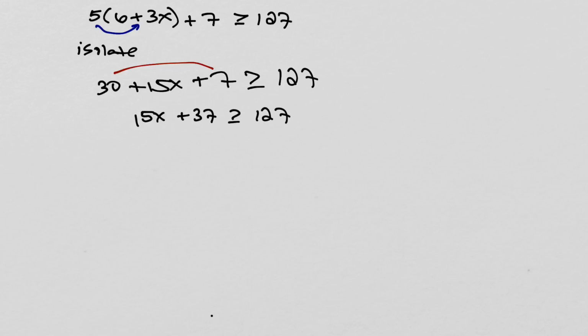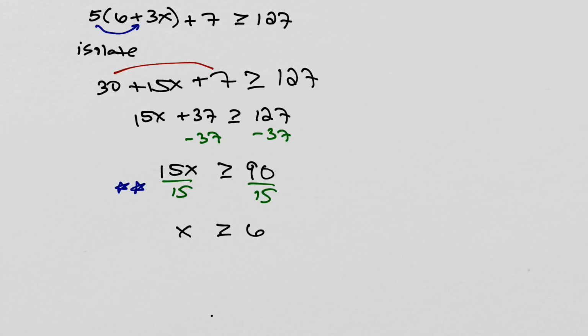And then if I take this 37 over by subtracting 37 from both sides, I will have 15x is greater than or equal to 90. Then if I divide both sides by 15, we get x is greater than or equal to 6. Remember, since I divided by a positive number, we don't need to flip the inequality.